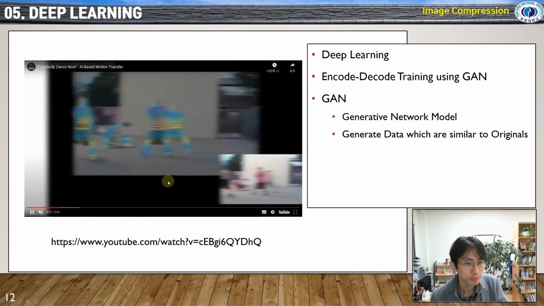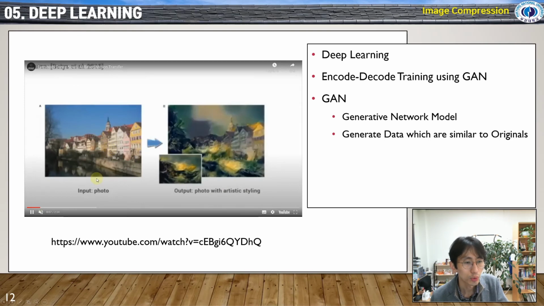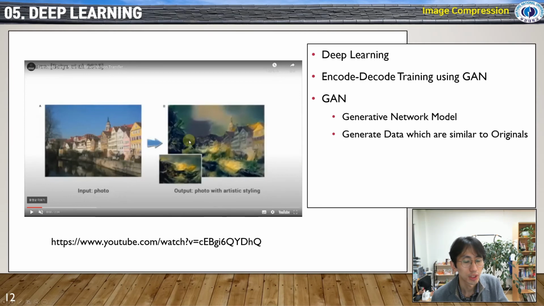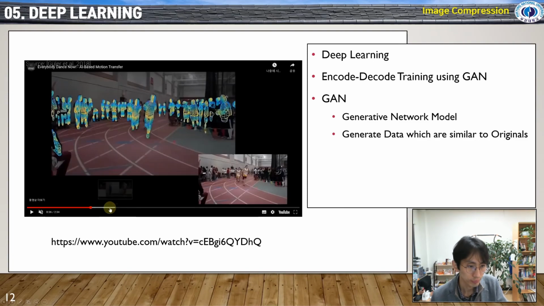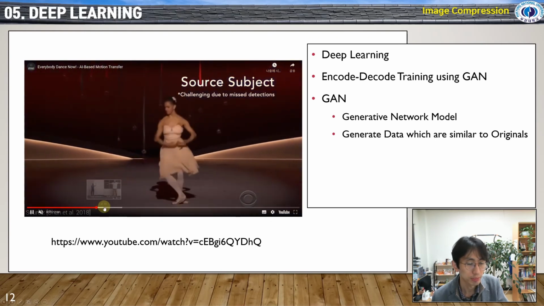So this is the generation of GAN. You see the photo. This photo has been converted into an artistic style, and we can do this with GAN. Also, there are many things we can do with GAN, and this is one example.